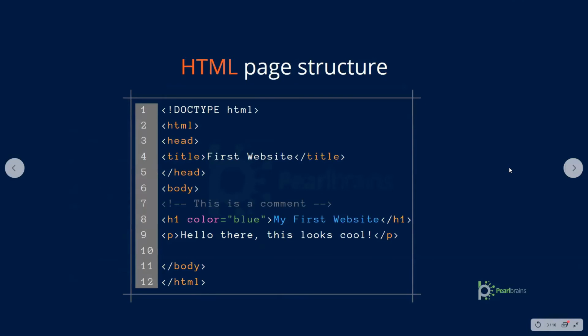Okay. Let's look at the HTML page structure. So this is entirely coding. You don't see this on your web browser. This is what we shall be writing. This is the code that is run to display a web page.